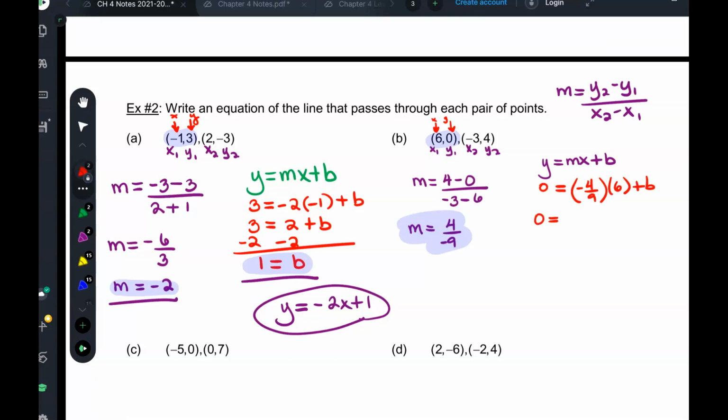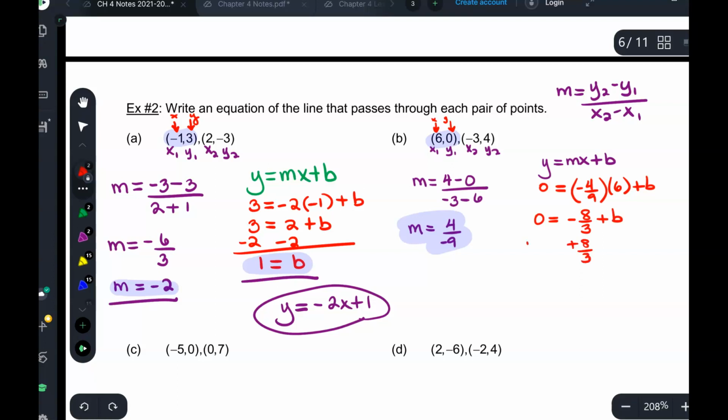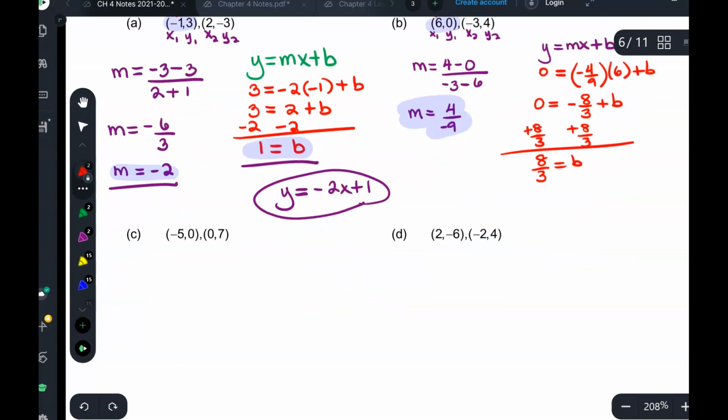Okay, if you need to use your calculator here, this would give us negative 24 over 9, which would be negative 8/3. So then I'm going to add 8/3 to both sides. So I get 8/3 is our value of b. Now I have my slope, I have my y-intercept. I'm going to rewrite this: y equals negative 4/9 x plus 8/3.